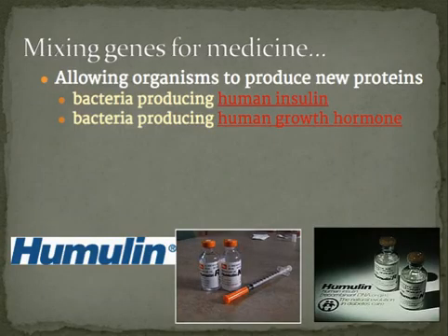Ways that we use this for medicine: we allow organisms to produce new proteins. We've harnessed the power of bacteria to produce human insulin, for people with diabetes whose pancreases can't produce their own insulin. Humulin, which was made by Genentech in 1977, figured out a way to make human insulin in bacteria, and also human growth hormones.